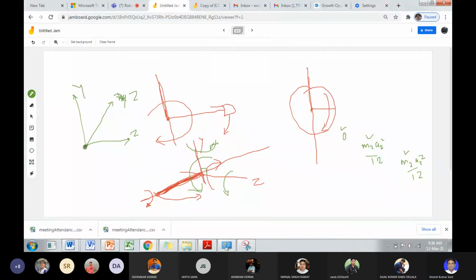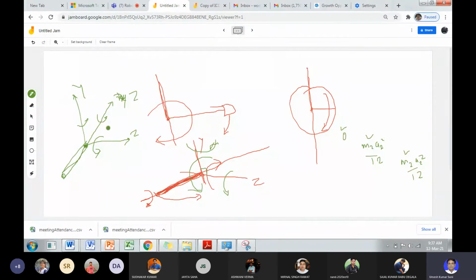So a link can move only in this direction and in this direction, but it cannot move along this direction because joints are not free to rotate so. Joints are not such that they can rotate in any direction. So there will be no possibility of inertia in that direction.